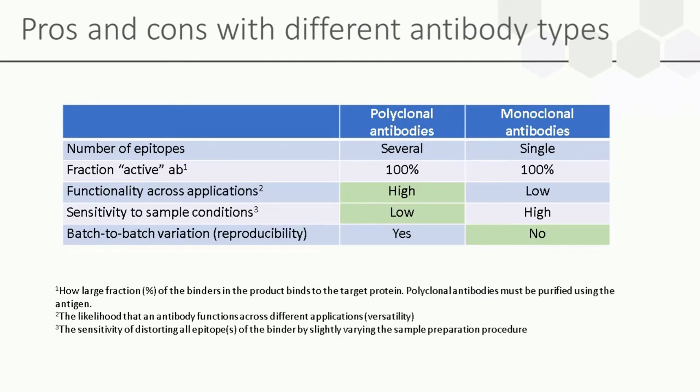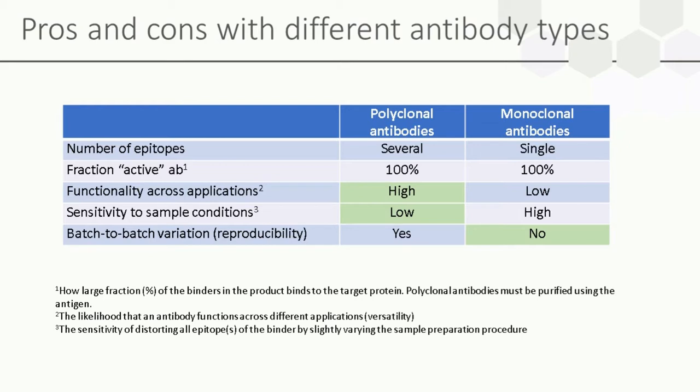One of the important things to discuss here is the pros and cons of different antibody types. We are using a lot of polyclonal antibodies in the Protein Atlas project. The advantage is that polyclonal antibodies show very good functionality across applications and are not so sensitive to sample conditions, for the simple fact that they have several epitopes.